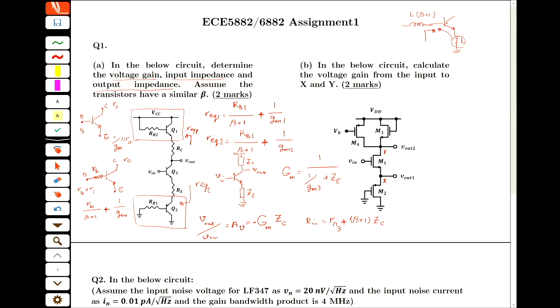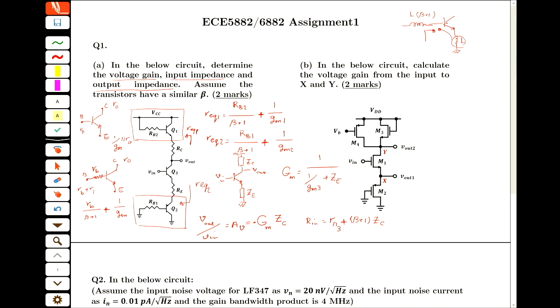You can assume that RB is a very small number, then instead of RB divided by beta plus 1 over GM, say it's only 1 over GM. This is acceptable because RB is usually small. But a complete solution is this. But sometimes we cannot assume something which is important.